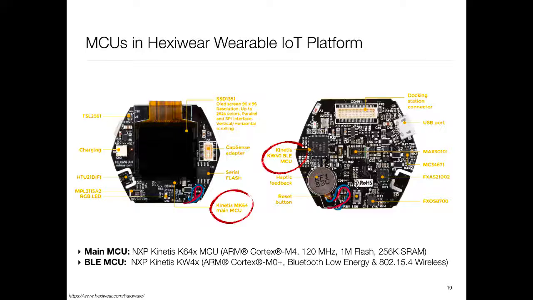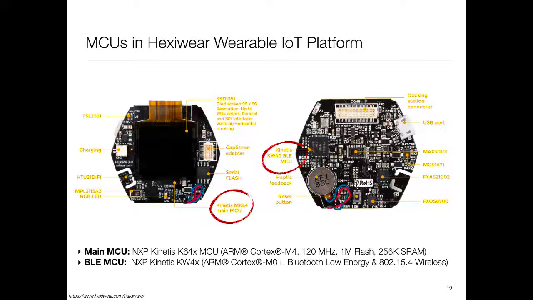But the main MCU is an ARM Cortex M4, 120 megahertz, 1 megabyte of flash, 256K of SRAM. As MCUs go, it's reasonably rich. The BLE MCU is an ARM Cortex M0+.